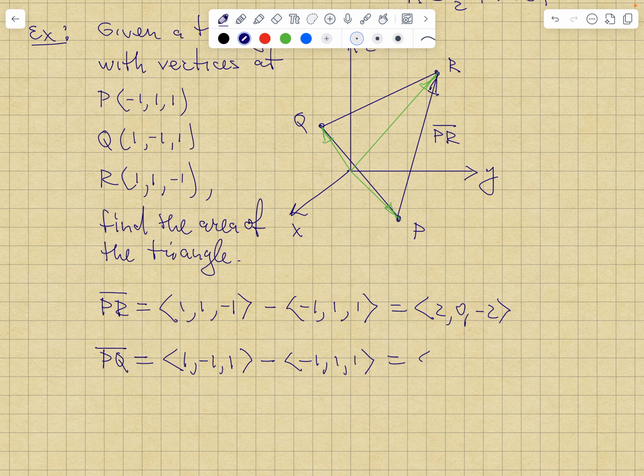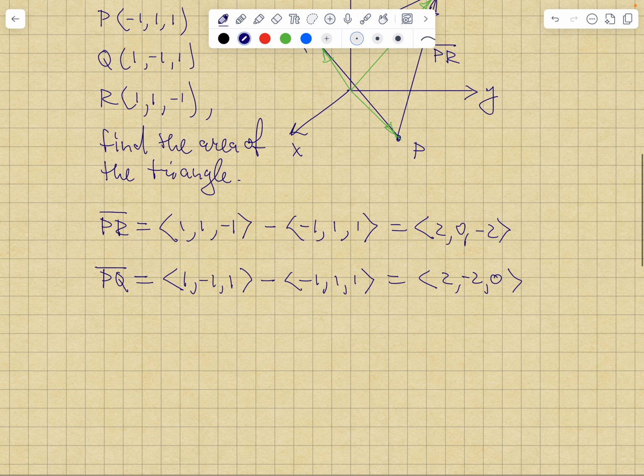So that is 2 again, then -2, and then 0, right? So I got my PQ and PR, and now if I take their cross product, compute the magnitude, and divide by 2, I'm done.